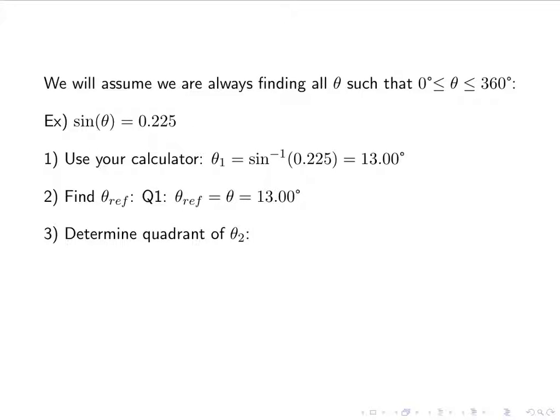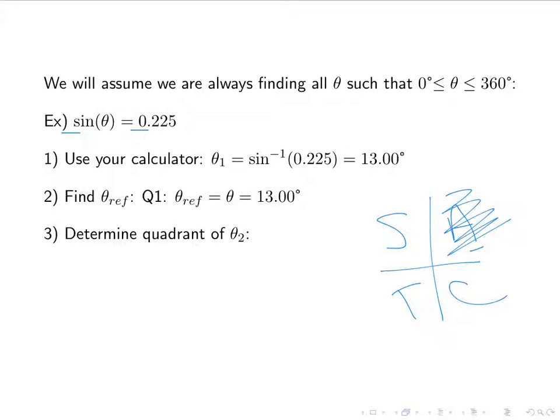Next, I need to determine what quadrant my second theta, or theta 2, is in. So this is when I look at when sine is positive. Sine of theta equals positive 0.225. So we go back to All Students Take Calculus. I already have my quadrant 1 angle.